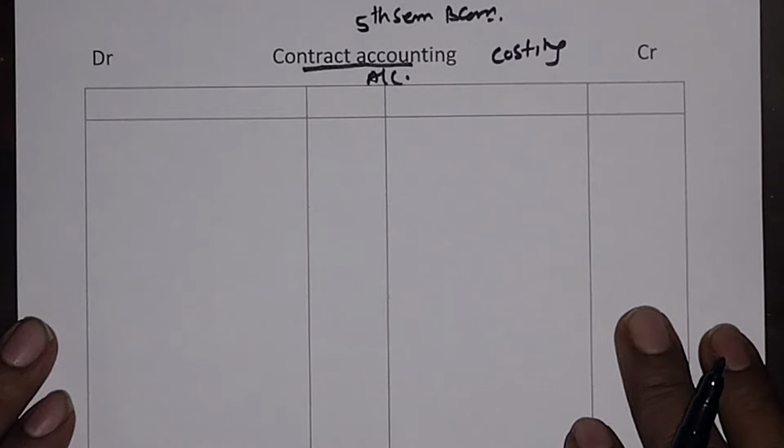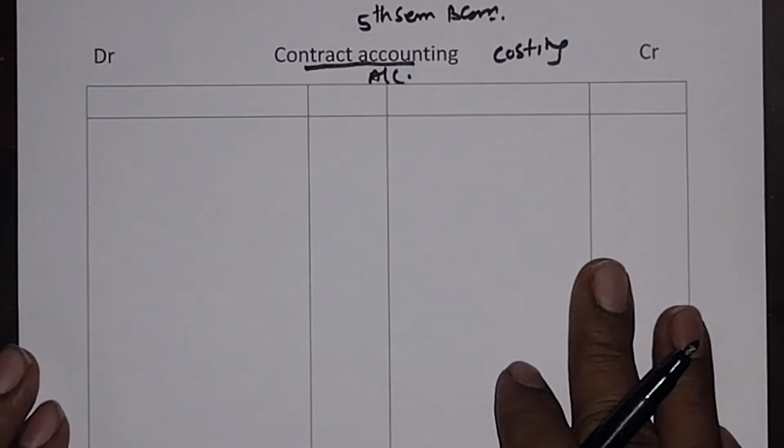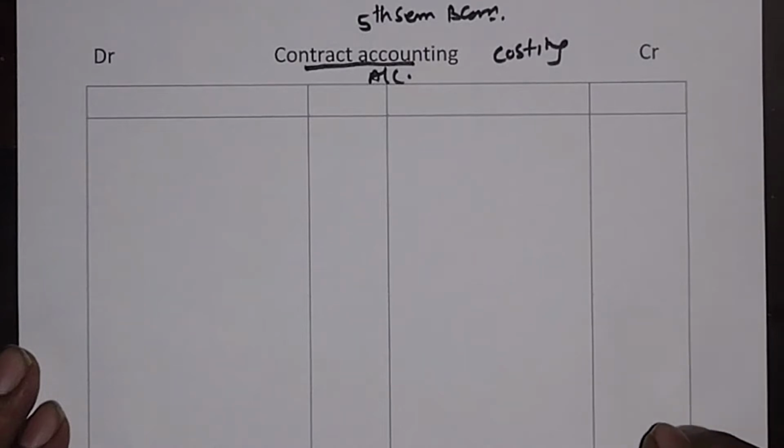There is no certainty of the period, so the accounts will be prepared for 2 years, 3 years, 4 years, like that. Only at the end will we come to know exactly what profit has been earned in this contract, so various procedures will be followed. All that we are going to discuss now, but how the entries will appear in the account, let me explain in this video.